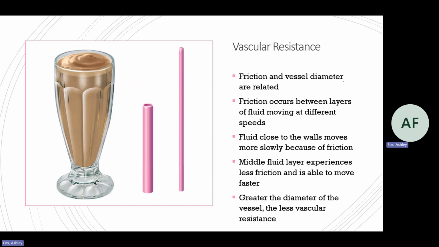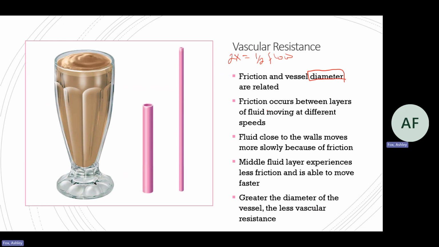Friction and vessel diameter are related as well, but even more significantly. If you double the length of the blood vessel, you're going to halve the flow. A change in diameter has an even more significant effect.